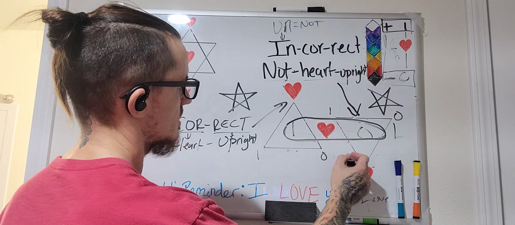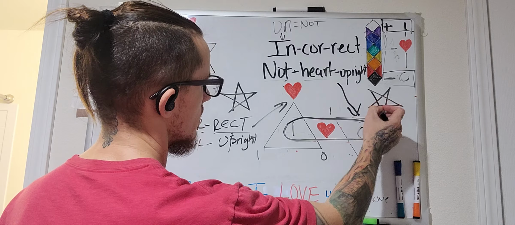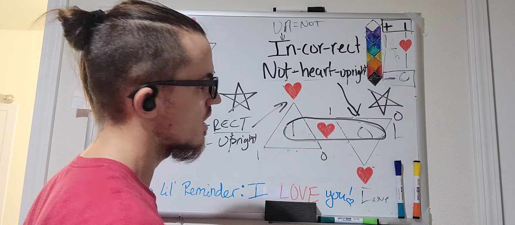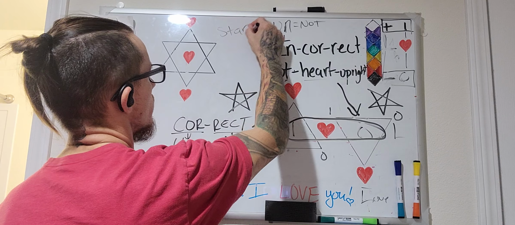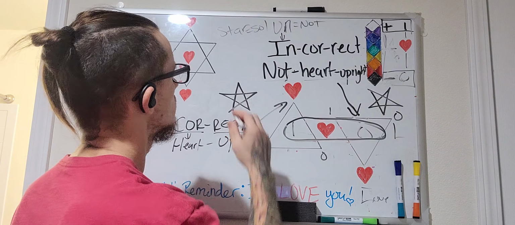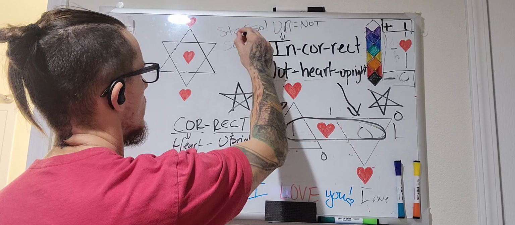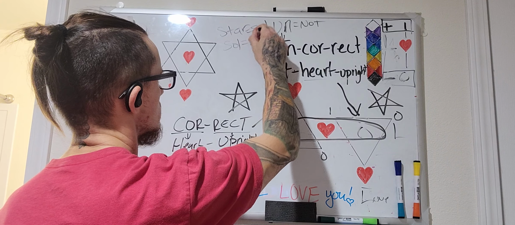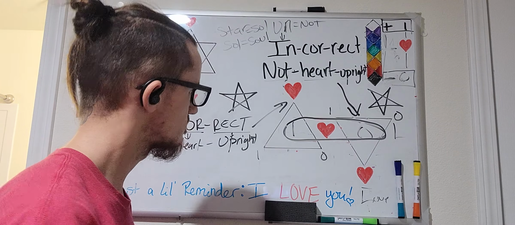As in, this is not the upright heart. This is not the upright star. Not the upright soul, right? And for all intents and purposes, S-O-L does, in fact, equal S-O-U-L.